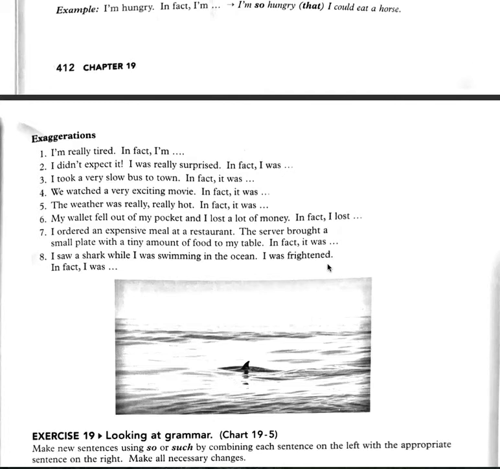Remember, frightened means scared. In fact, I was so frightened that the water level in the ocean rose 2 inches. Or in fact, I was so frightened that I ran on top of the water to the shore. That's an exaggeration.